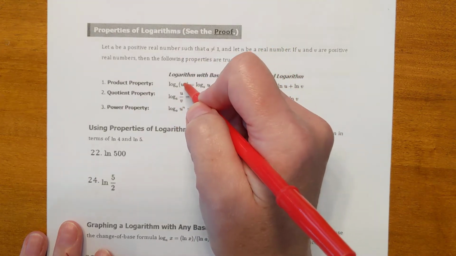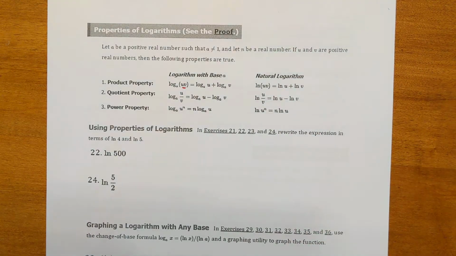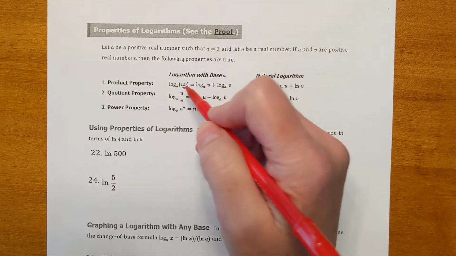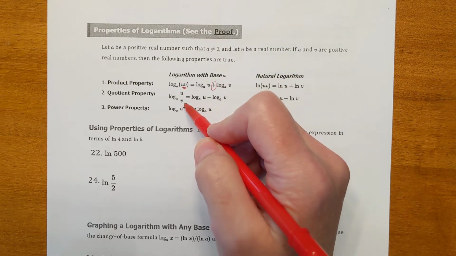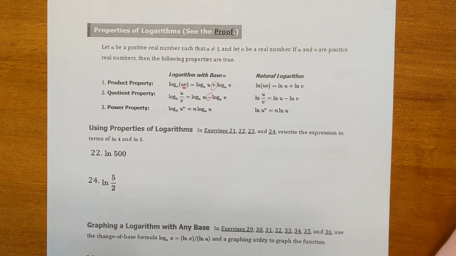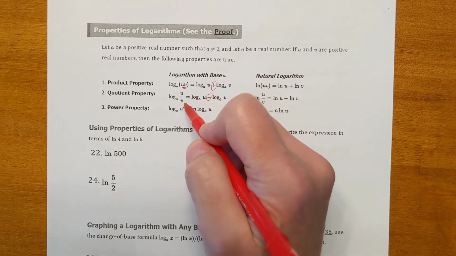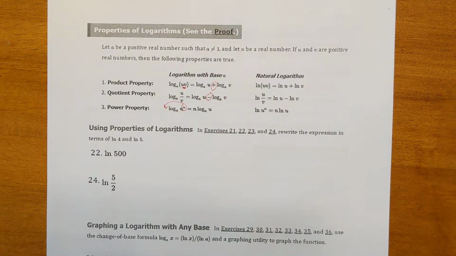So the first property is if you are multiplying two quantities together, if you're taking the log of two quantities multiplied together, you're allowed to pull them apart and add them. If you're dividing two quantities by a log, you can pull them apart and subtract them. If it's to a power, you're allowed to put it in front and do n times the log base a of u.